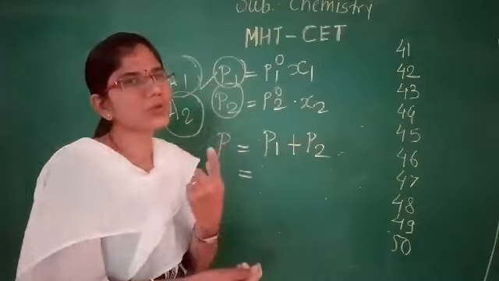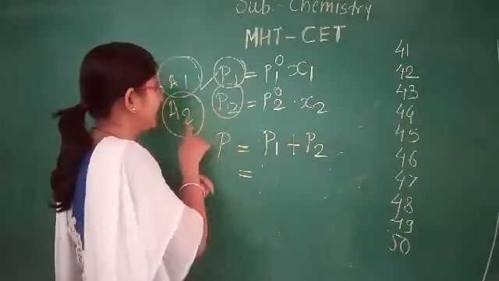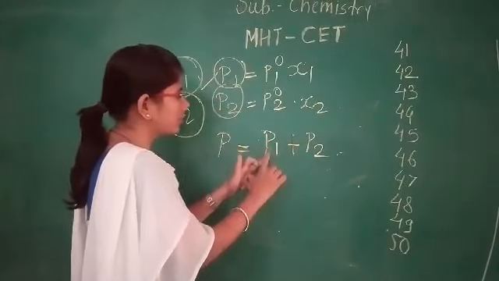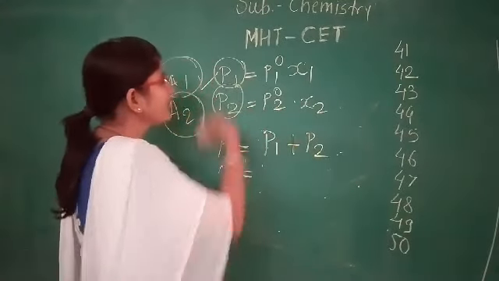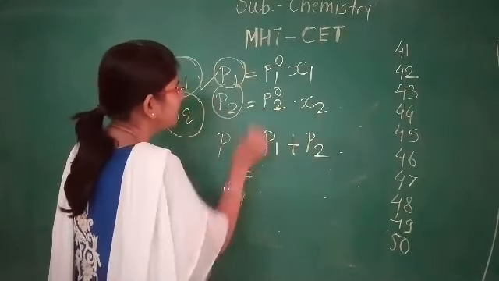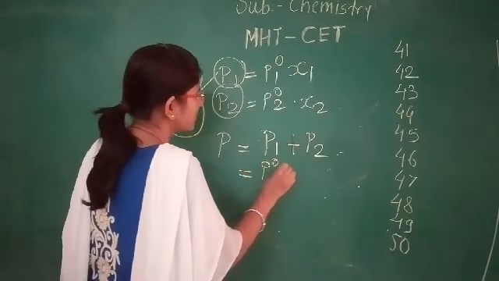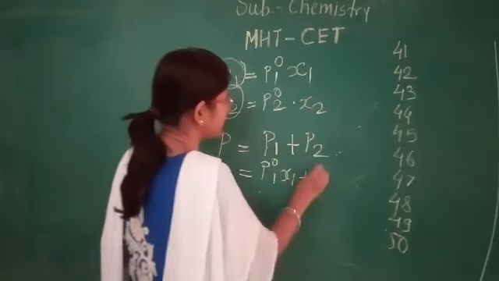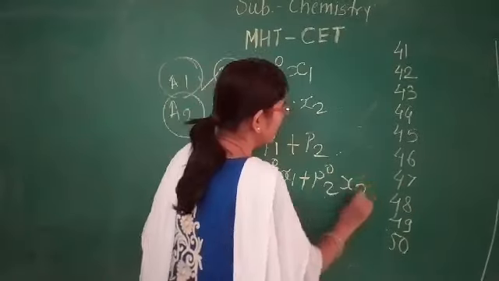But in our solution only two components are present, and therefore the total pressure is equal to P1 plus P2. Here P1 is equal to P01 x1, plus P2, which is P02 x2.